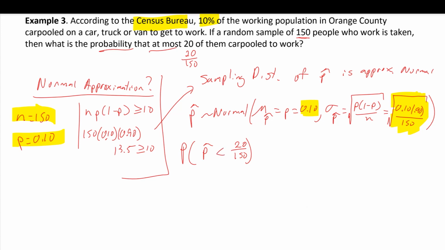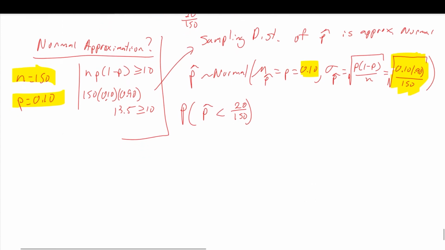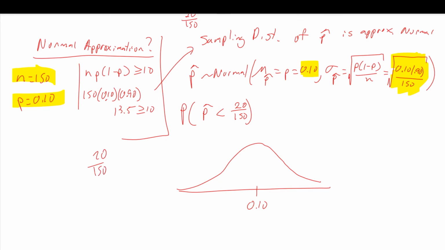Again, we are dealing with a normal distribution. p hat is normally distributed. So let's create a normal distribution graph where the center is 10%. That's p. And 20 out of 150, I don't have a good reference for what that number is, so I'm going to do that on the side here. What's 20 out of 150? That is approximately 0.133, about 13%.